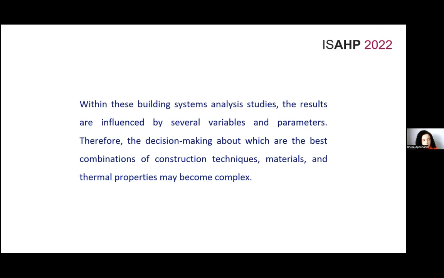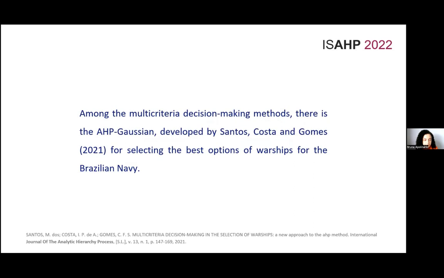Several variables and parameters influence the results of these studies. For this reason, the decision-making about the best combinations of construction techniques, materials, and thermal properties may become complex, making adopting multi-criteria decision-making methods interesting.